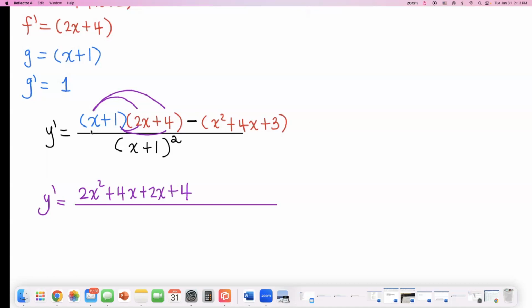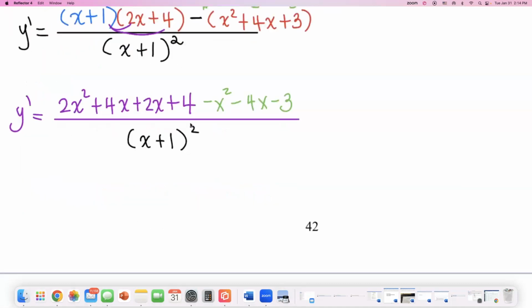And then let me get this out of this parenthesis. Everything inside used to be positive, right? But when you distribute this negative in, everything's negative. All over, the denominator is x plus 1 squared.